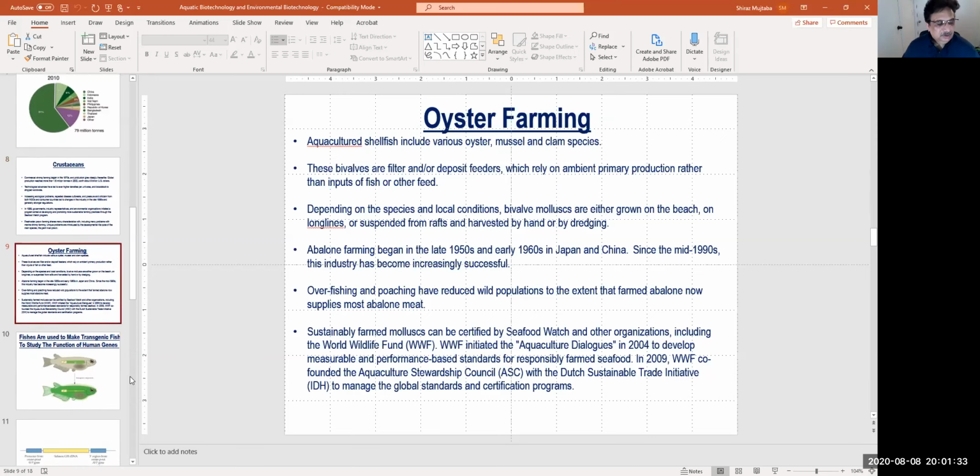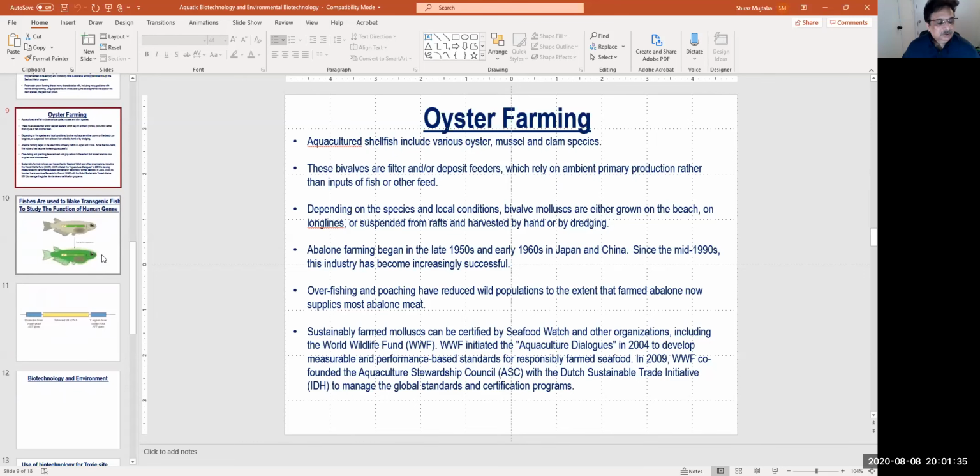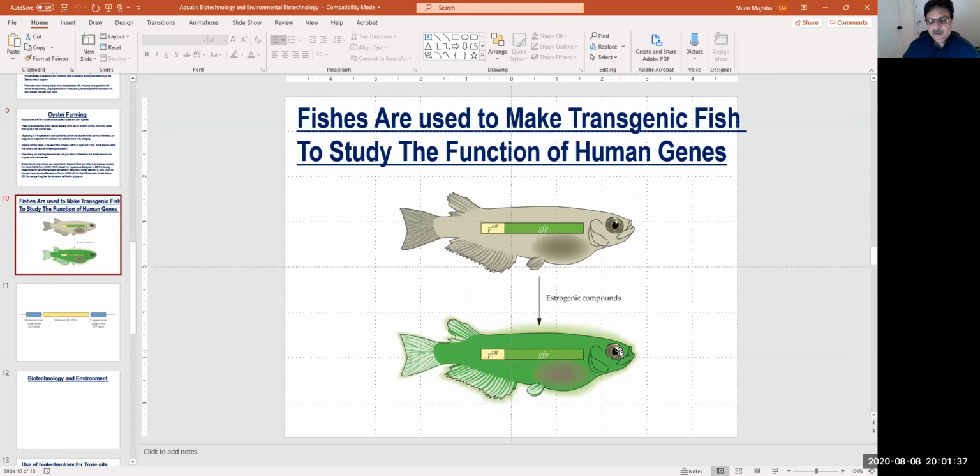So pay attention here. Now I would like to change gears and move into the use of sea organisms or aquatic organisms as a research tool. What you see in the figure, I want you to pay attention to this figure.